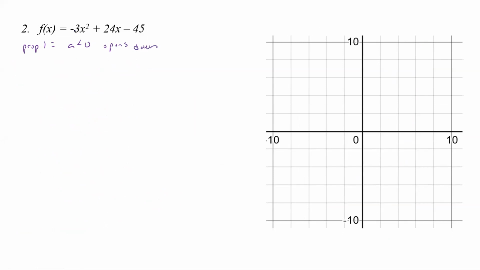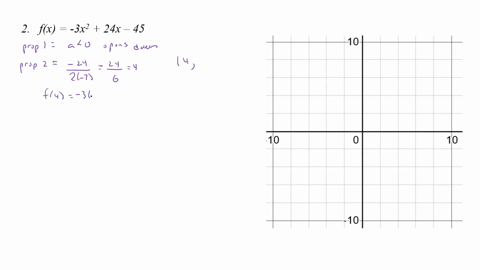Okay. What about the next property? The next property is property 2. We need to find the vertex, and so we need to minus b, so minus 24 all over 2a, so 2 times -3, so it's 24 over 6 because our negatives cancel, and that's just 4. So that's going to be our first part. Now we have to find f of 4.